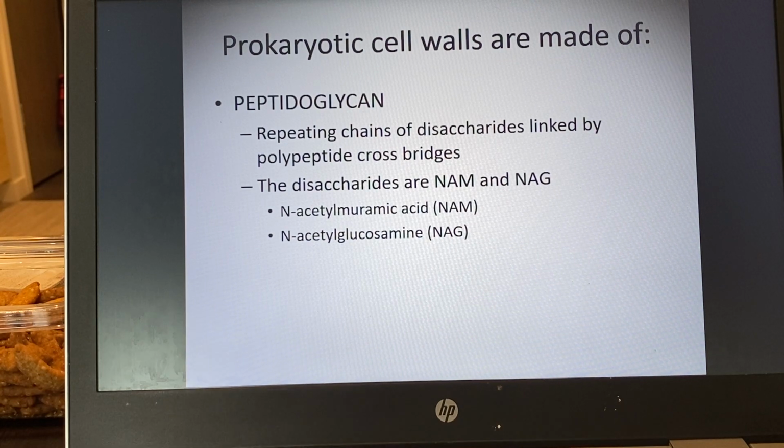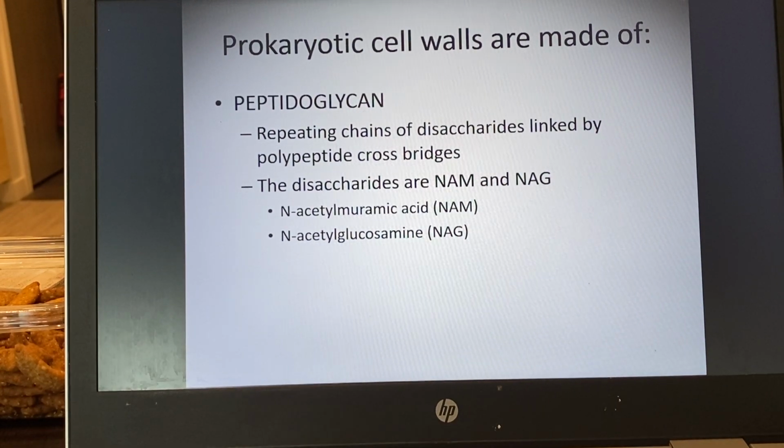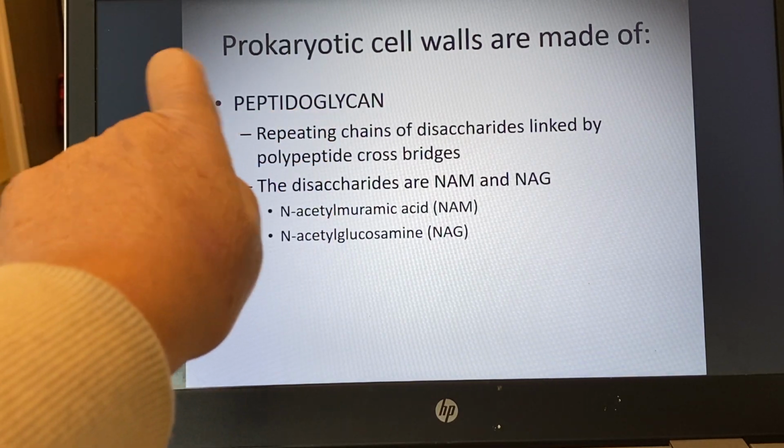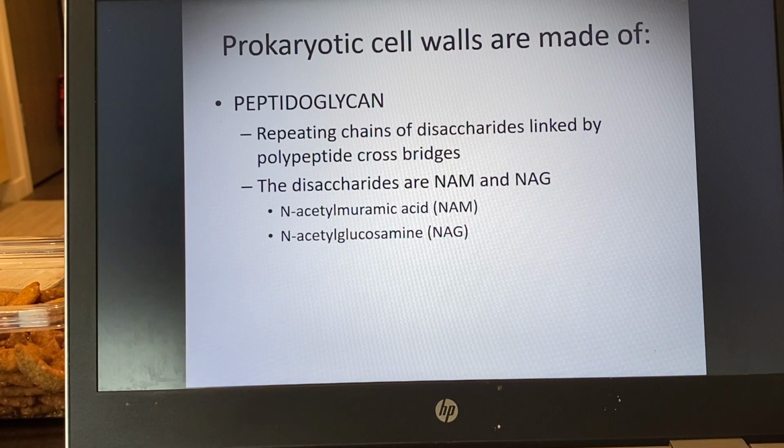Okay, so let me talk a little bit about peptidoglycan. If we break apart this word, peptido means protein, glycan means sugar. So what it is basically is layers of sugars or carbohydrates, and then they are held together by protein cross bridges. One of the examples that I use is, if you've ever gone to, let's say, Menards or Home Depot and looked at fencing material, maybe you're familiar with a material called chicken wire.